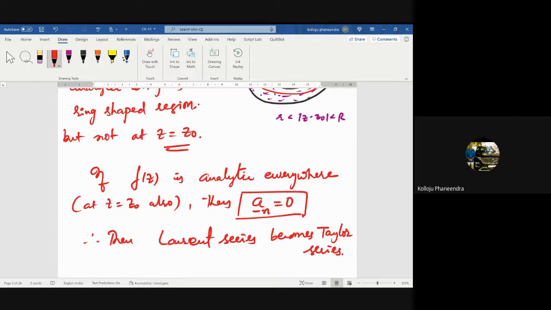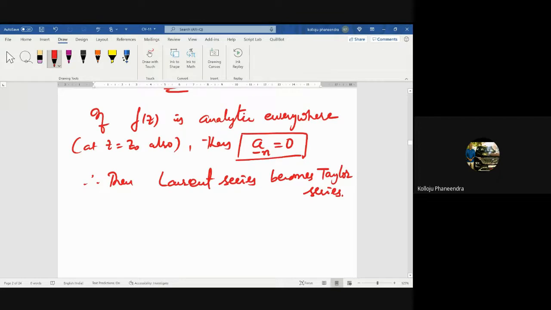And next one, what happens then? A general formula using Cauchy integral theorem. What is the a_n formula? 1 by 2 pi i integral over C f of z by (z minus z naught) whole power n plus 1 dz.